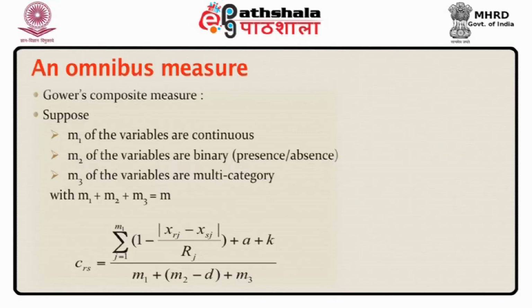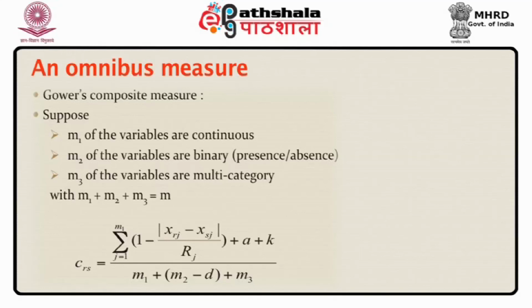Then the second term in the numerator is a. And again you have a second term in the denominator which is m2 minus d. Mind you, m2 minus d is actually, from the binary table, a plus b plus c. So it's a similar type of measure. So it's sort of a by a plus b plus c, now integrated with the m1 measures for the continuous variables as well.